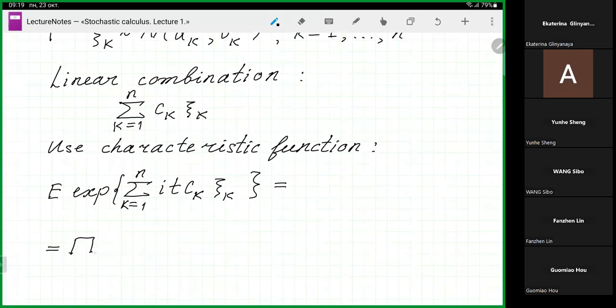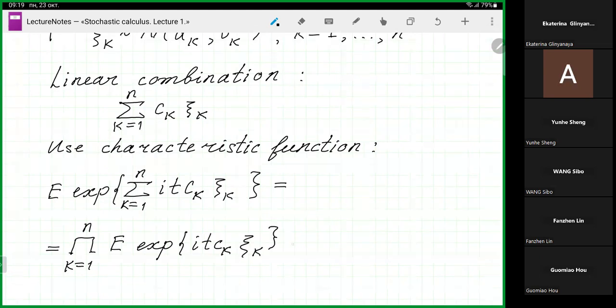So now I can continue our calculations with the following formula. It will be equal to the product from k equal 1 to n of the expectation of the exponent of every summand, e to the i t c k psi k.